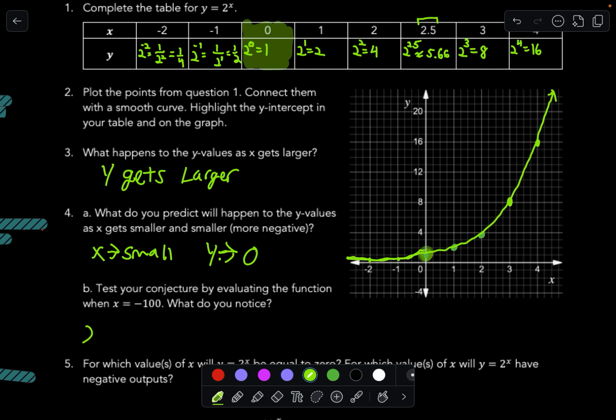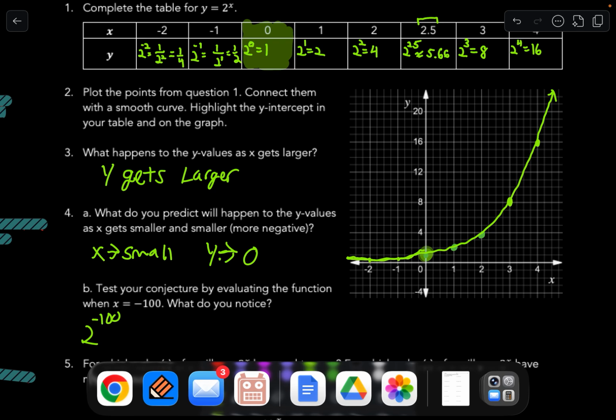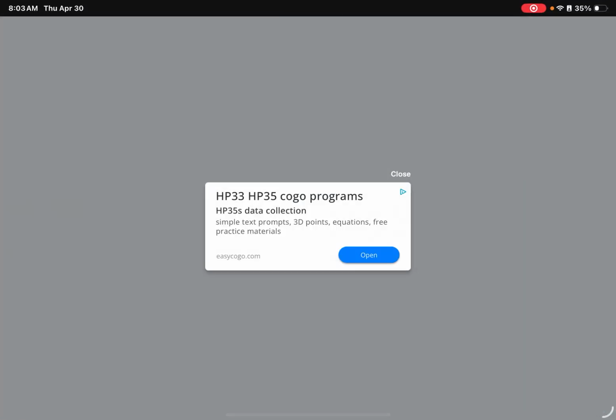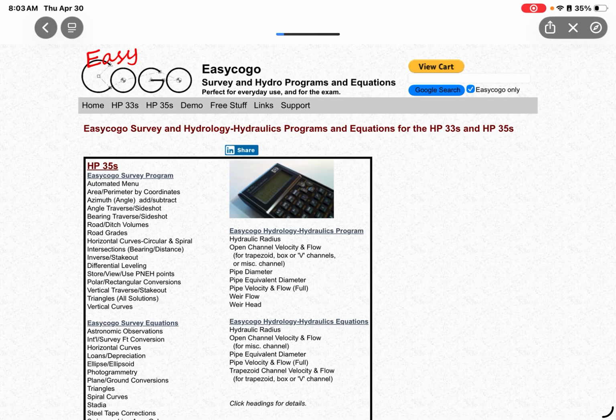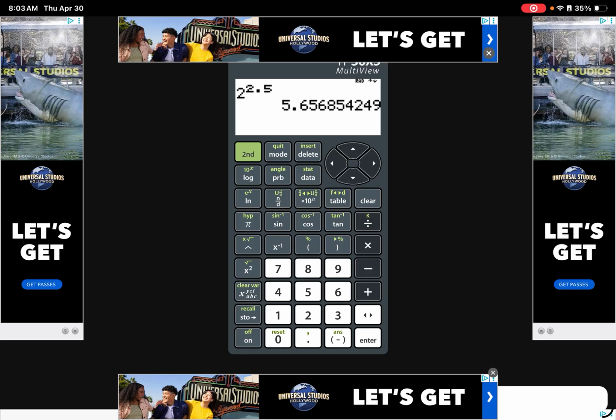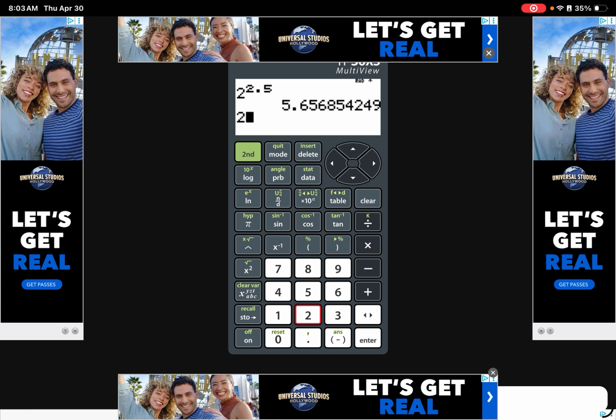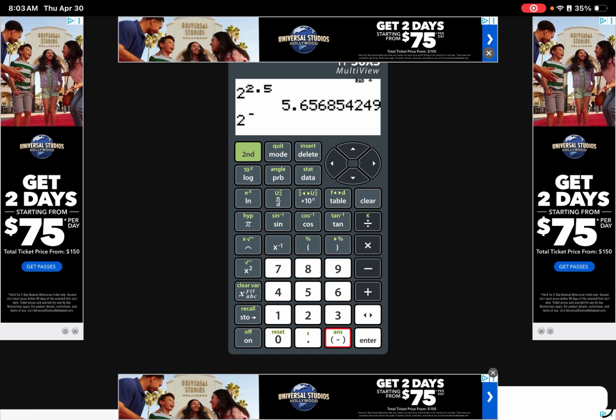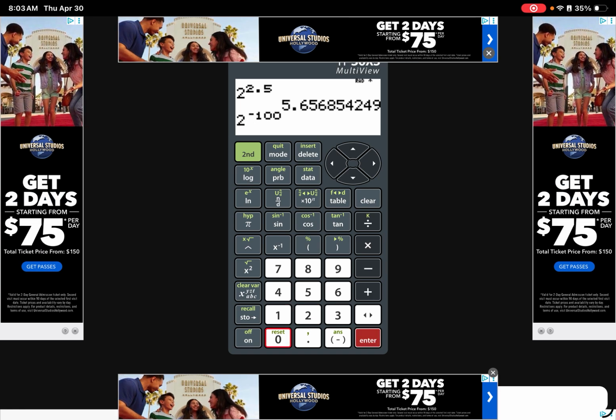Let's go ahead and calculate 2 to the negative 100 power. And you're going to see your calculator kind of hiccup here. It's not going to like it too much. So it's 2 to the power of negative 100.